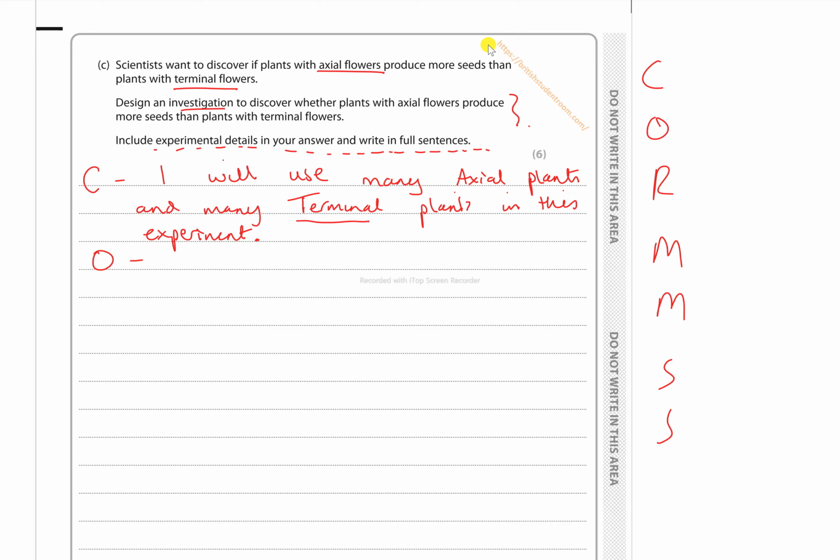I will make sure that I use, and typically it'll be age or species or mass, the same species and age of plant or plants.